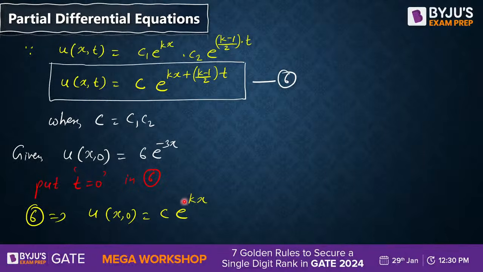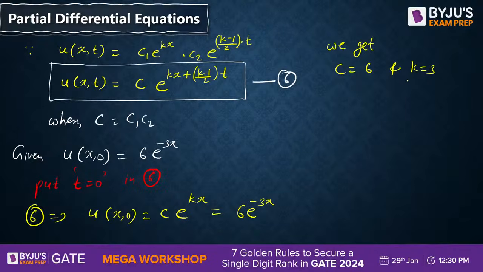So you have got this one, and already they mentioned that it is 6 e raised to minus 3x. So on comparing both sides, we get c equal to 6 and k equal to minus 3. After getting these values of c and k, put them in equation number 6.